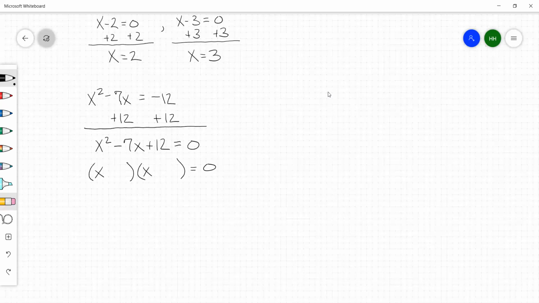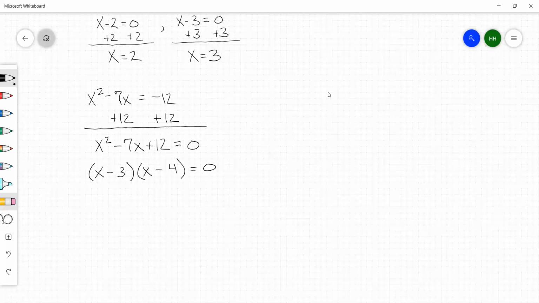Factors of 12 that add up to 7. Anybody? 3 and 4. Same case as the problem we just did. They have to multiply to a positive, but they have to add to a negative. So what do both the signs need to be? That's a minus 3 and a minus 4.